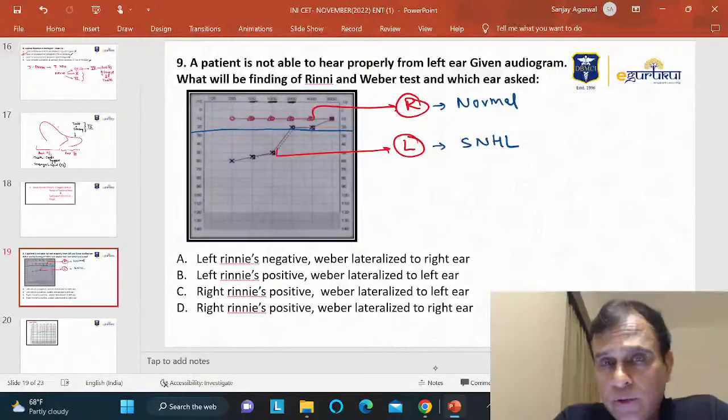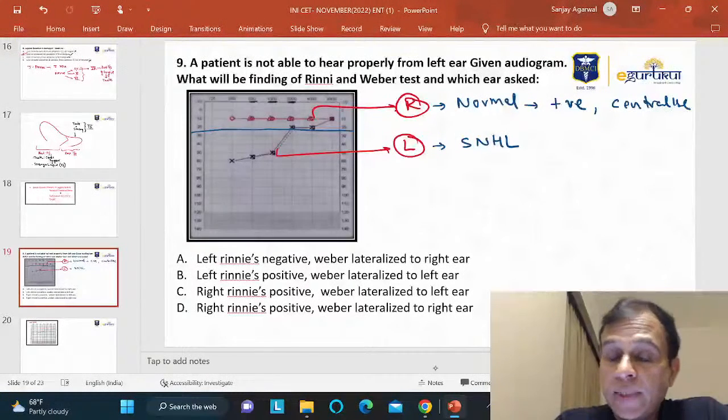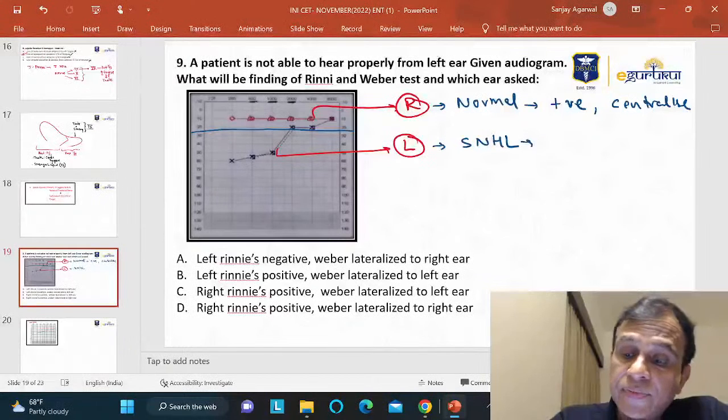This is a very simple diagnosis, I'm sure you know. Now Rinne's in normal is positive, and Weber's, if both are normal, you usually centralize. In SNHL, again Rinne's is positive, it is false positive this time, and Weber's will go to the opposite side.